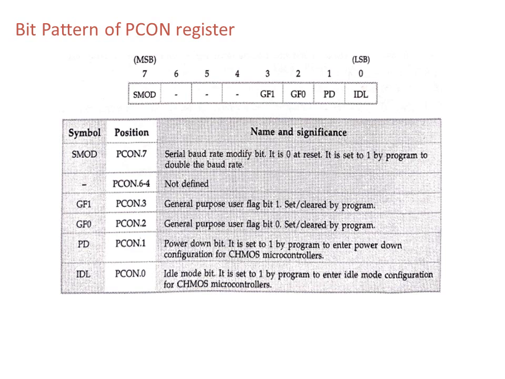And the last bit, that is the LSB, the 0th bit, is IDL, the idle mode bit. It is set to 1 by the program to enter the idle mode configuration for CHMOS microcontrollers, and its position is PCON.0. If you want to access this bit, it can be bit addressed with the representation PCON.0 as shown in the table.